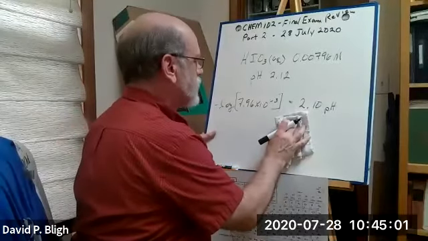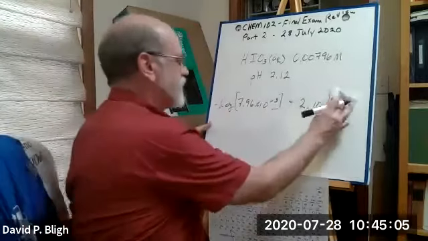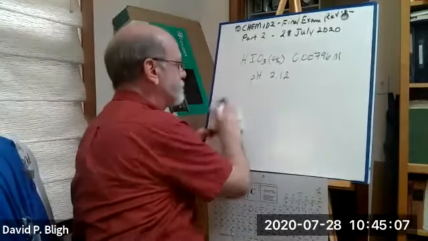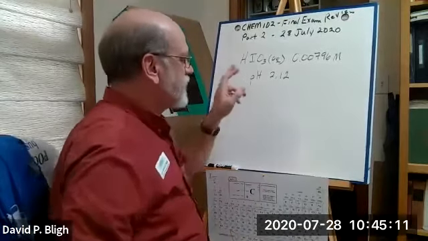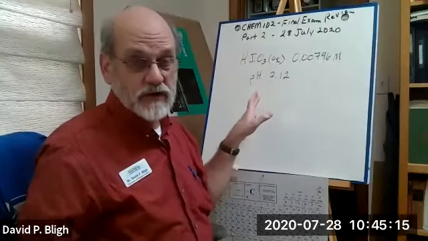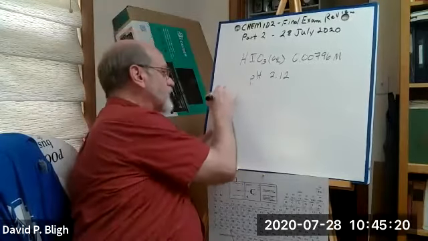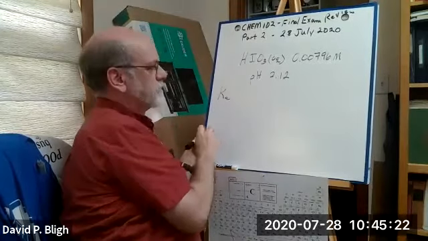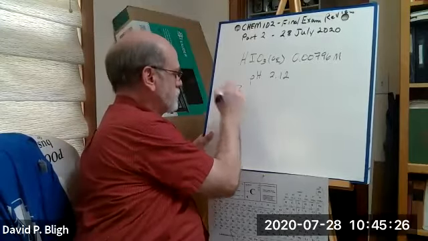So let's see. We don't need this. So what we're going to do is take that pH, and we're going to say, with that pH, what is the hydrogen ion concentration? Because the question is, what's the Ka for this compound? Right.